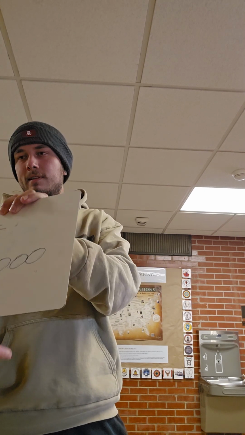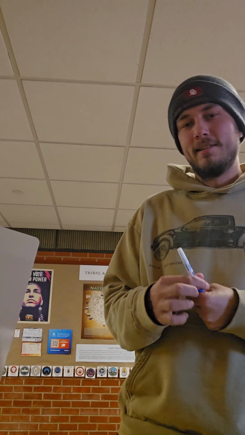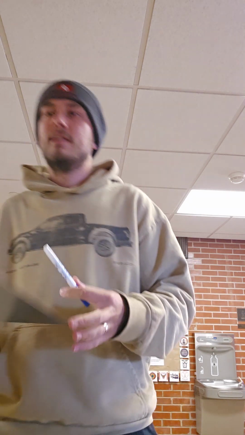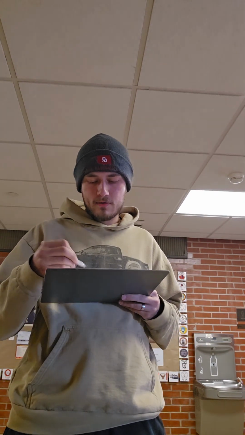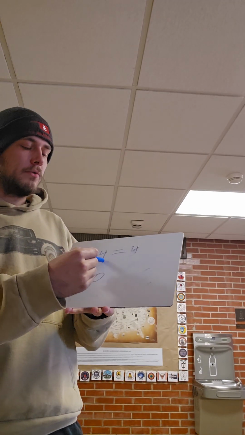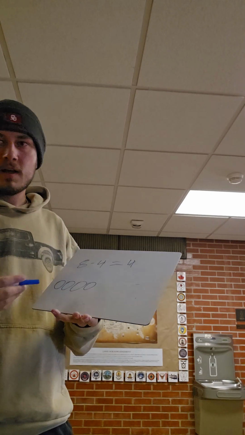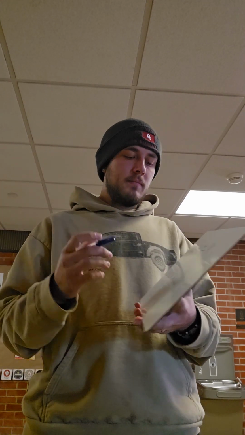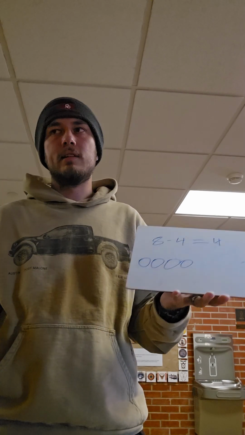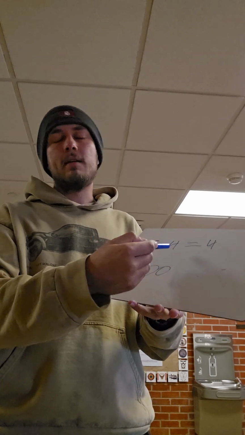Go ahead and just take them away. 1, 2, 3, 4. So we have 4 left. 8 minus 4 equals 4. Yes, that is correct. And I like how you said that. But here's another way we can think of it. 8 minus 4 is the same as 4. It's the same because it equals. This equal sign is just like you're saying the same as. So 4 is the same as 8 minus 4.